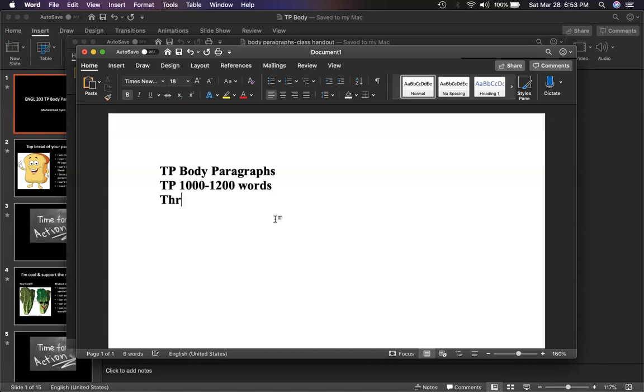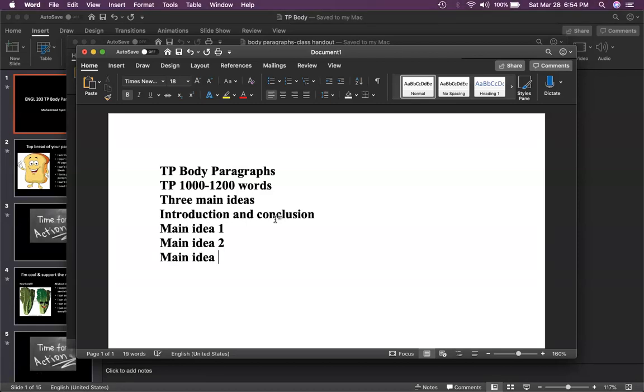You are writing 3 main ideas, and of course you have introduction and conclusion. So my rough calculation: main idea 1, main idea 2, main idea 3.